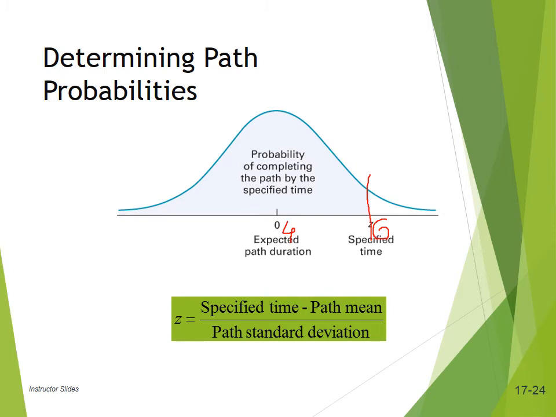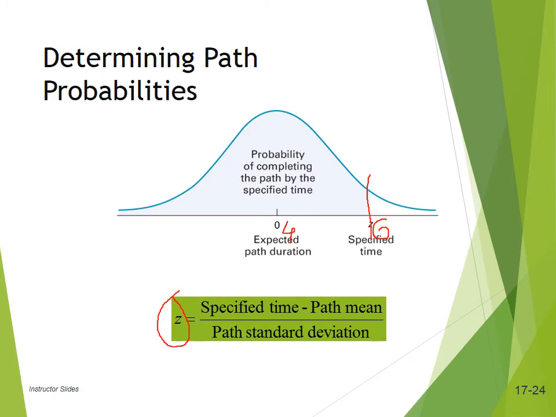If you take it for the project, you can use the same technique. You calculate the project expected path time, and then if you want to find out the z-score of a specific time you want the project to be completed by, then you can find the z-score. And once you get the z-score, you can know the probability associated.